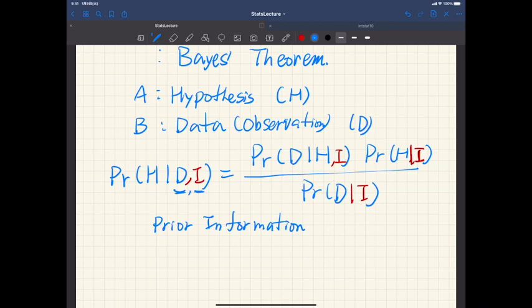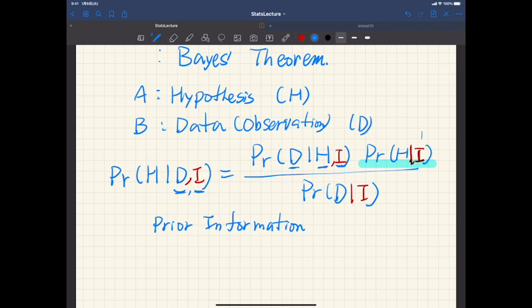And here also we have prior knowledge and hypothesis, and based on that we calculate the probability of the data. And this probability is the probability that the hypothesis is true given the prior knowledge I.